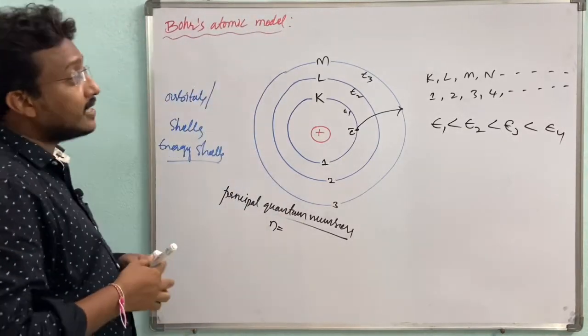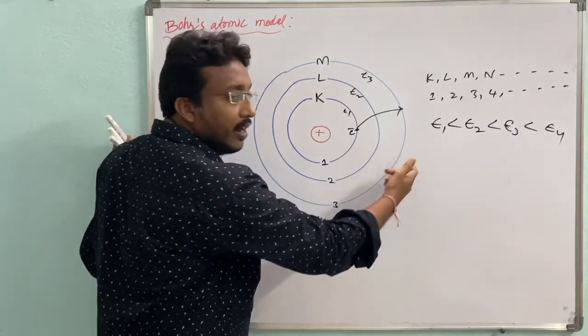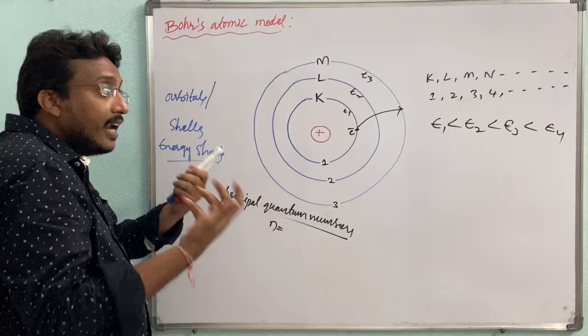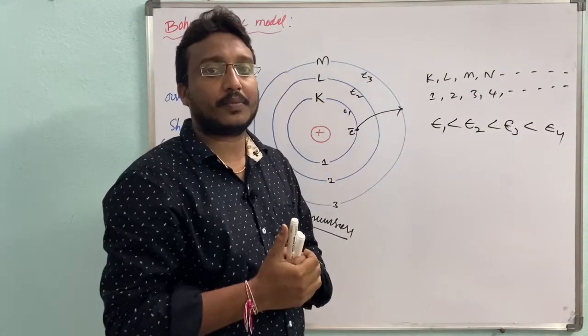In such a case, to jump from a lower to a higher level, the electron should gain energy.